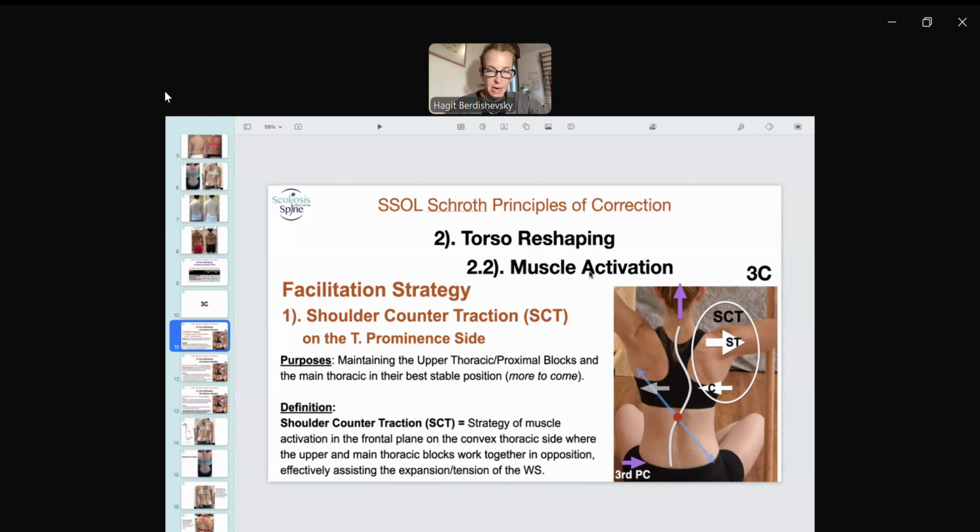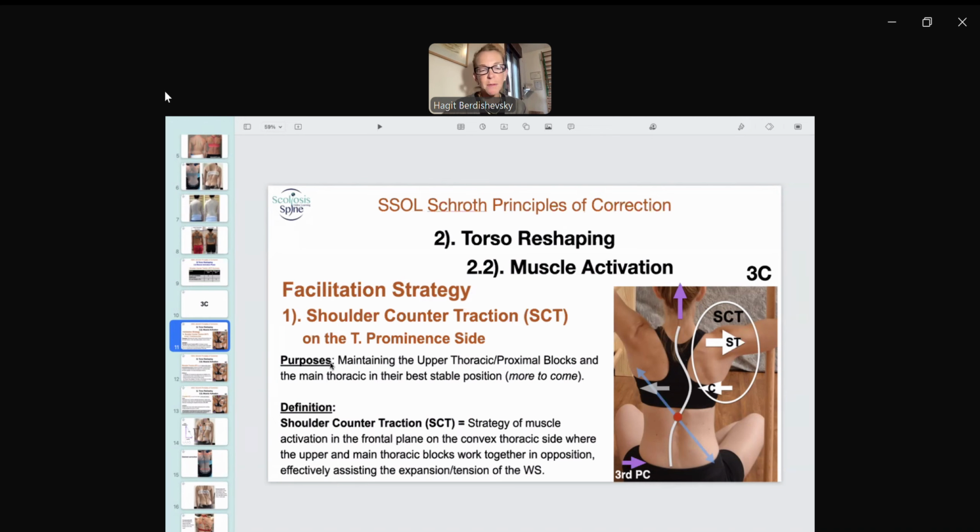So when we come to muscle activation and we ask the patient to perform more correction, then we introduce or emphasize the shoulder counter tractions. So let's start, as I said, with the 3C.